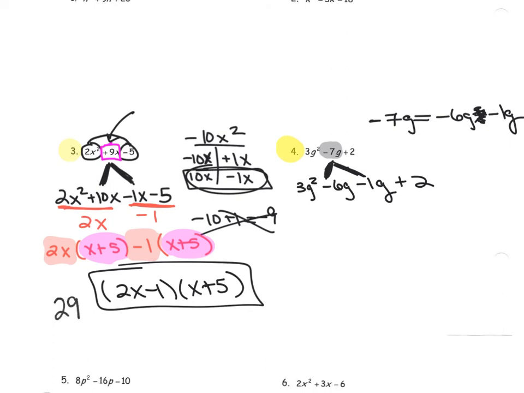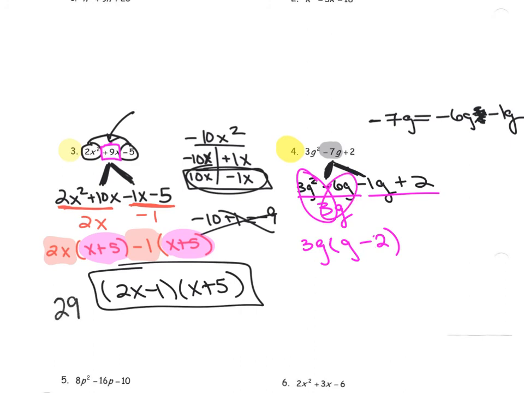Okay, we're going to factor by grouping. What is the GCF of the first two and what's the GCF of the last two terms? I see a 3g in common here, so take out the 3g. I'll have g minus, not 6, I'll have 6 divided by 3, so that should be minus 2. Those g's cancel if you want to look at it like the heart method.